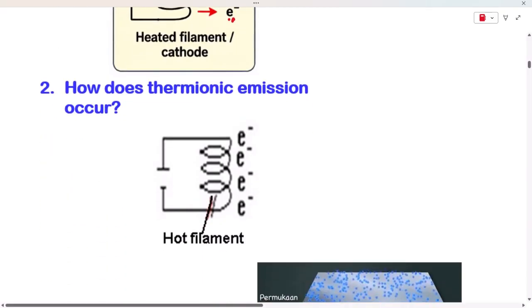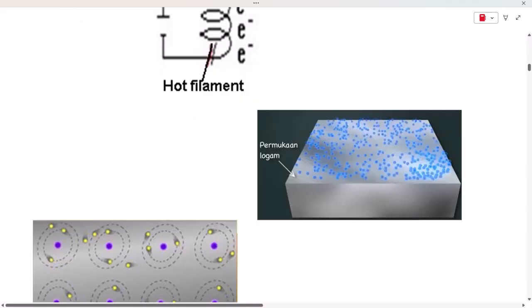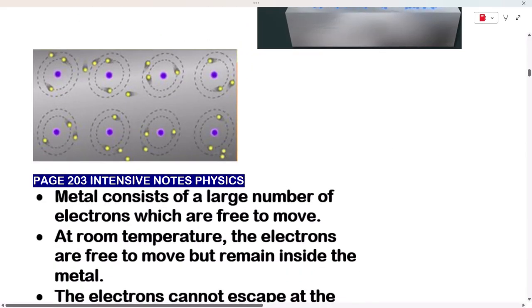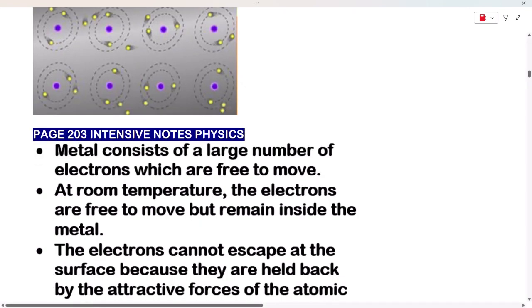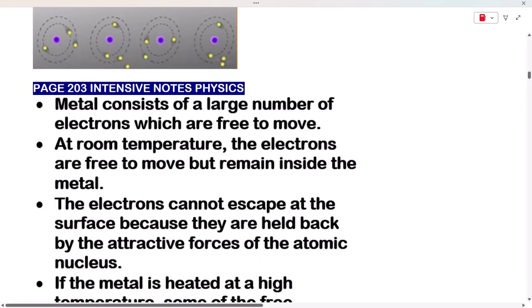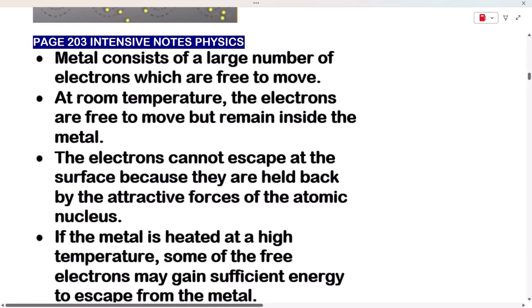Now, how does thermionic emission occur? Metal consists of a large number of electrons which are free to move. That's why metal can conduct electricity. At room temperature, the electrons are free to move but remain inside the metal. The electrons cannot escape at the surface because they are held back by the attractive forces of the atomic nucleus.